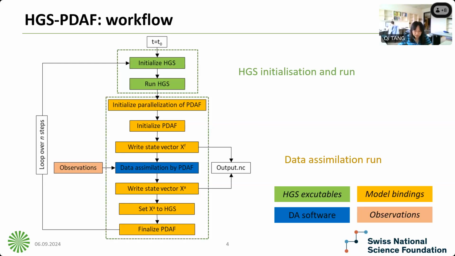This is done by PDAF, and HGS-PDAF writes output files again into the NetCDF files marked as analysis. Then HGS-PDAF also writes the restart files for HGS and replaces the old ones. In this case, one time step is done. Then it loops over all the time steps until the end of the simulation period.